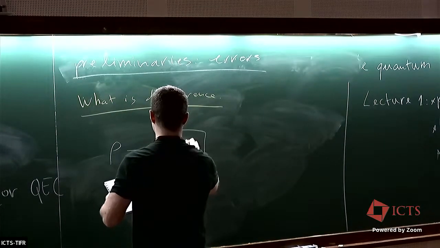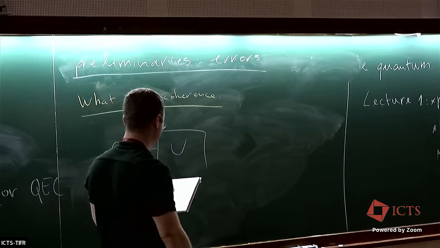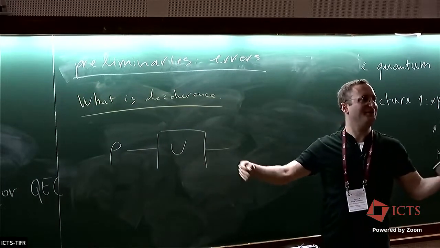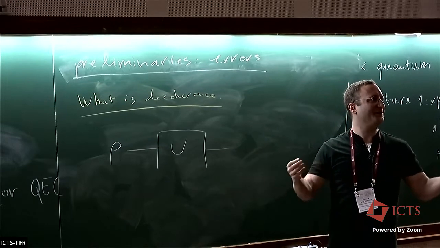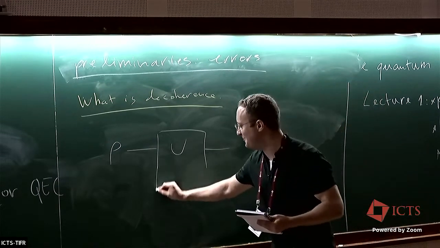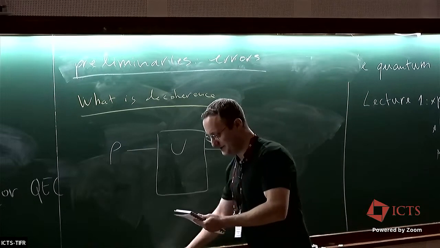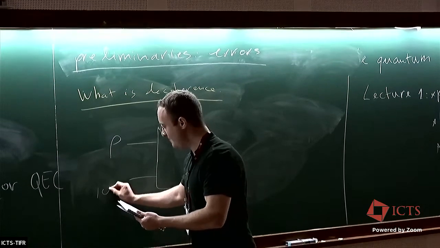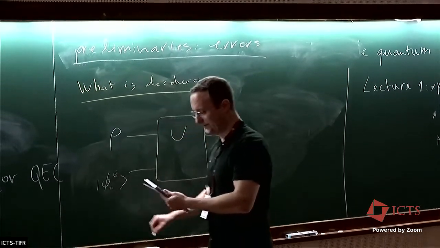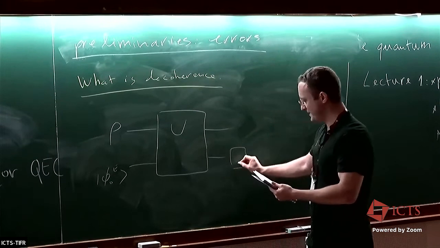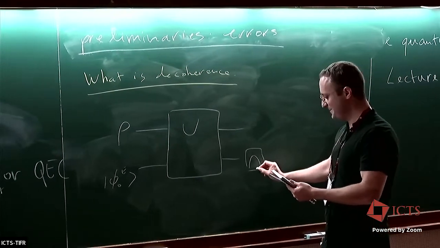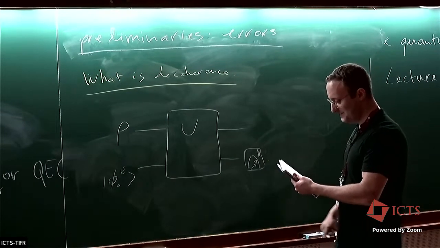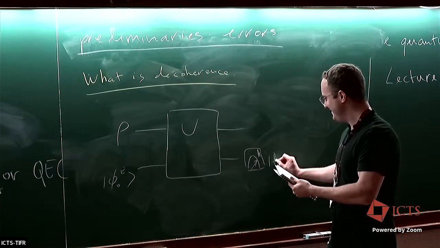Let's suppose you have a quantum state, your system is described by the density matrix rho. You apply some unitary to it, but unfortunately, the unitary also sometimes involves other degrees of freedom, the environment, which we don't control. And this is going in general to cause entanglement between the environment and your system. And you can think about the environment being exceptionally evil and even measuring what comes out after this unitary.